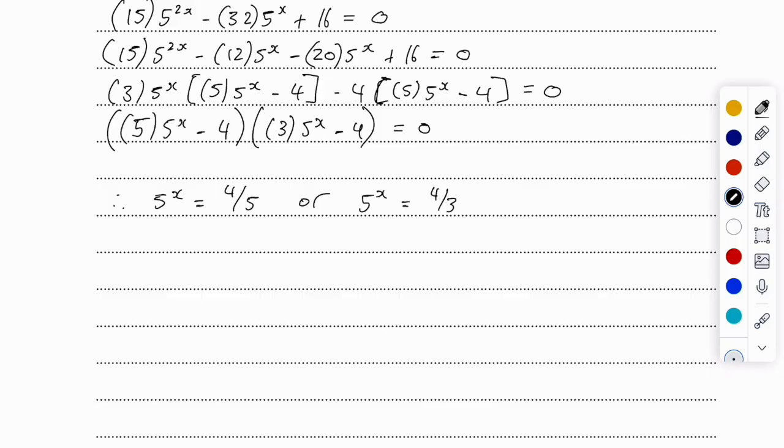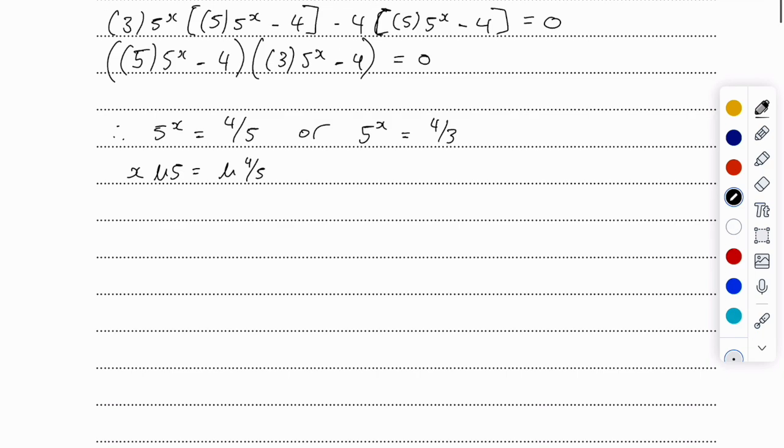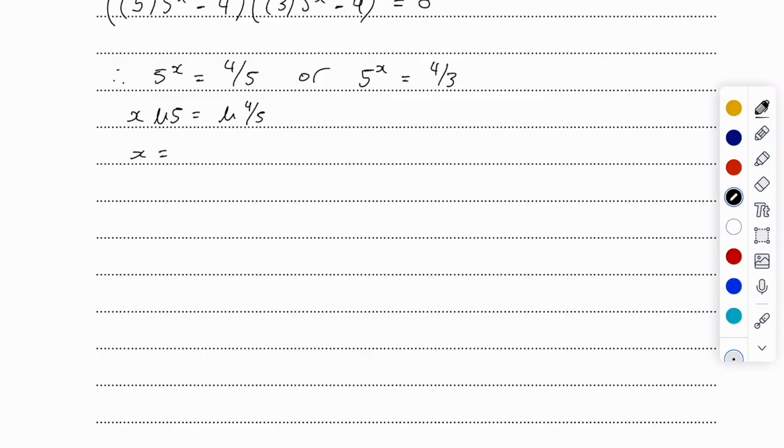And then we can say this. Well, if we take the ln of both sides, we get x ln 5 is going to equal ln 4 over 5, which means x is going to equal ln of 4 over 5 over ln 5.